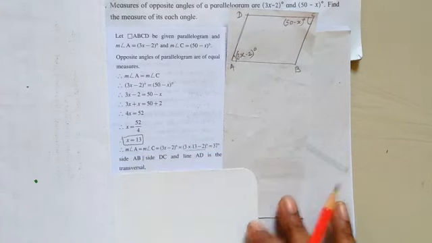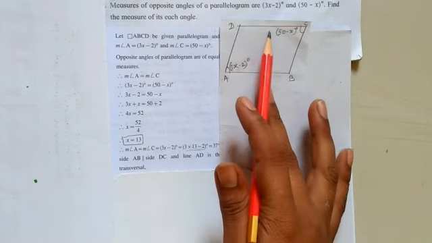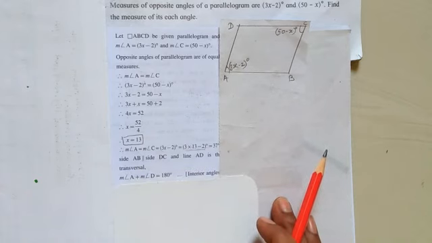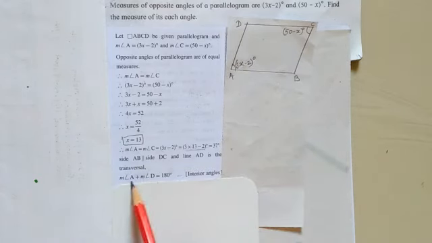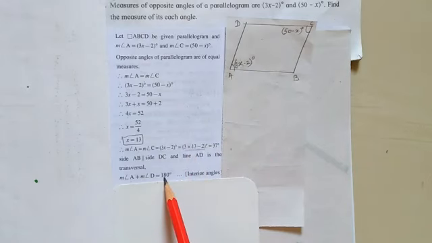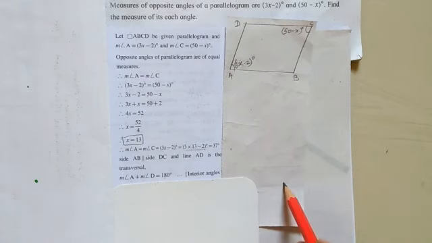So let's do that. Side AB is parallel to side DC and line AD is the transversal. So according to that, the measurement of angle A and D, their addition will become 180 degrees because they are interior angles. Got it students?